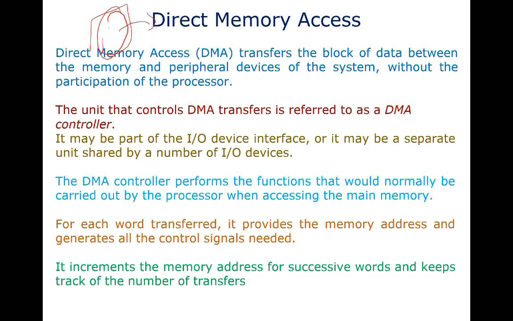During a DMA transfer, the DMA controller performs the function that would normally be performed by the processor while accessing the main memory. Without DMA, we have a flow from the IO device to the processor, and then to memory.